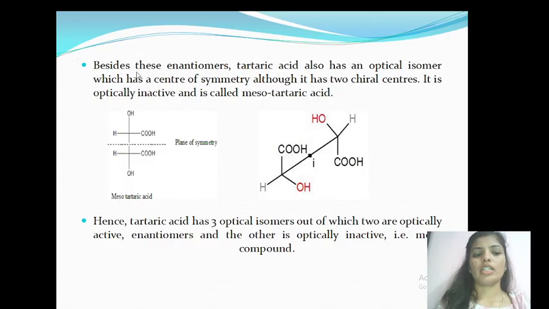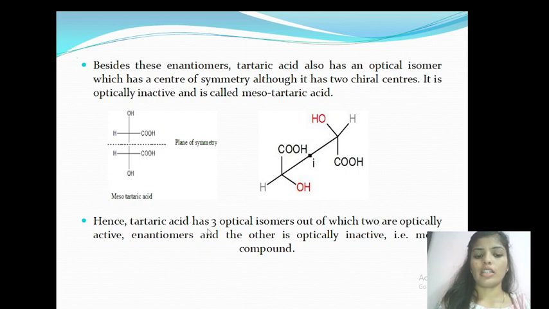Besides these two enantiomers, tartaric acid also has an optical isomer which has a center of symmetry. Although it has two chiral centers, it is optically inactive, meaning it has a plane of symmetry or a center of symmetry. This molecule is optically inactive. That is the meso-tartaric acid.